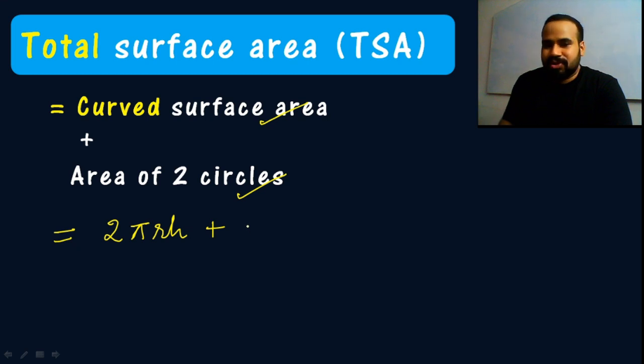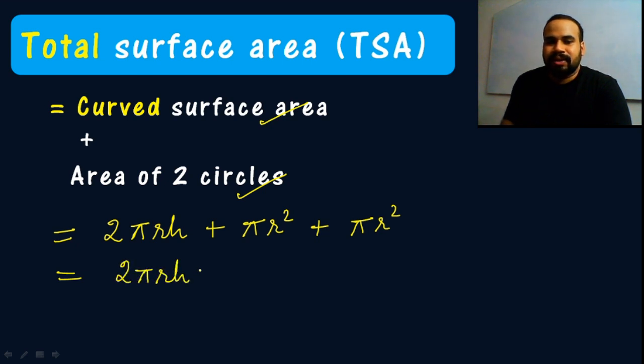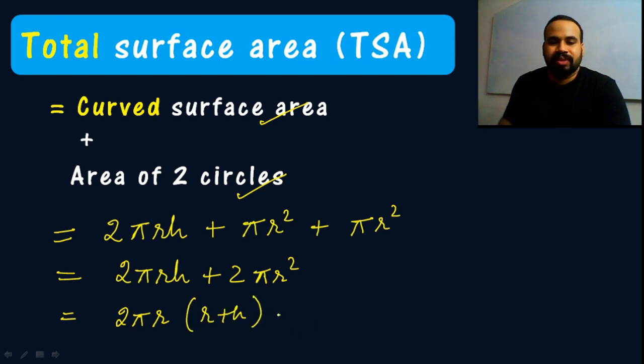Area of the top circle will be pi r square. Area of the base or the bottom circle will be pi r square. This becomes 2 pi rh plus 2 pi r square. But take 2 pi and r common, we get 2 pi r into r plus h. This is nothing but the total surface area of a cylinder.